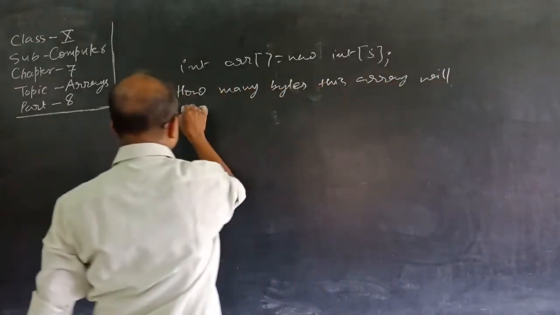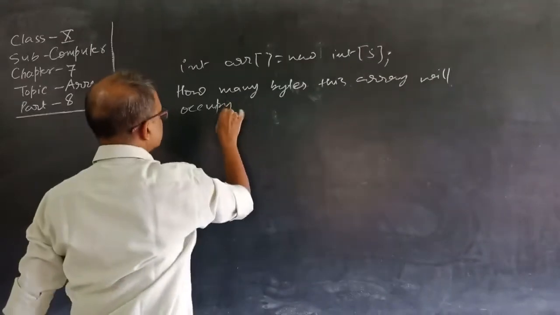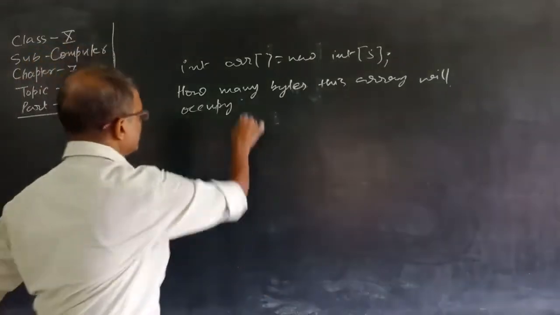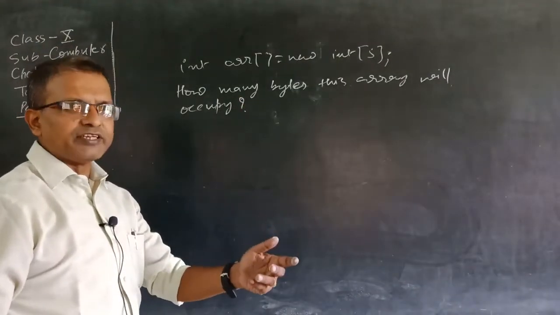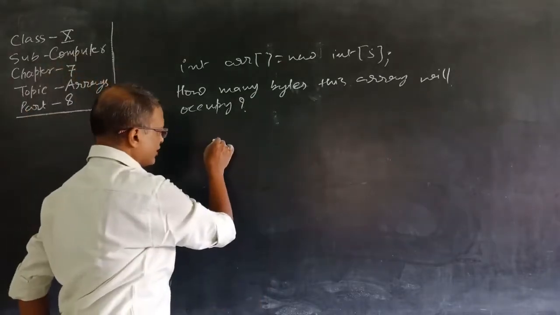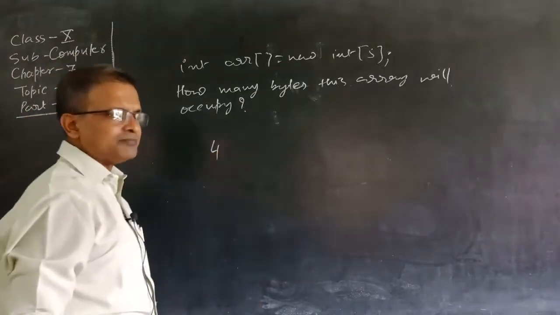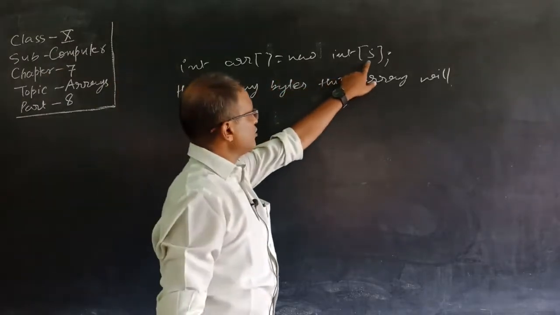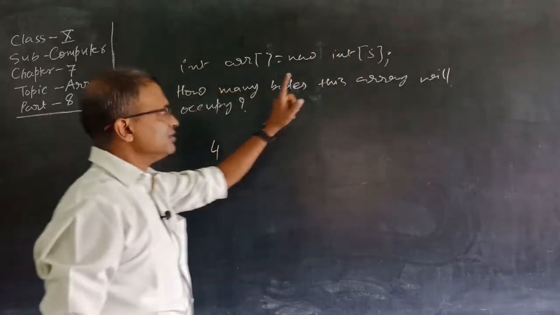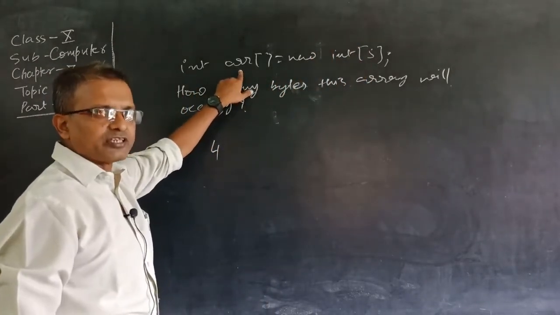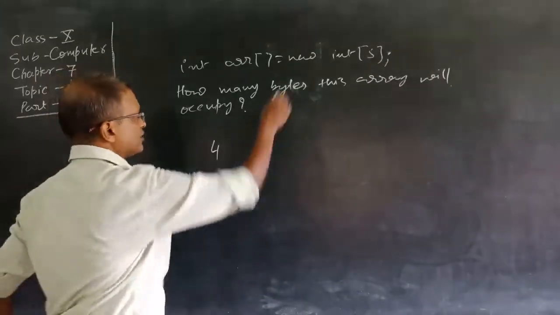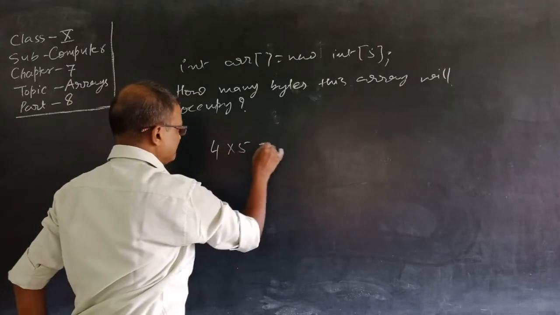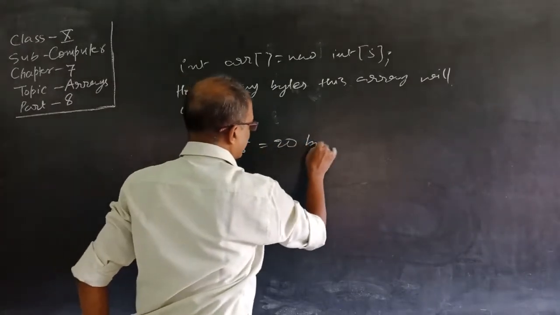Simple, you have to do the simple calculation. Just recall what is the size of integer. One integer variable contains 4 bytes, and this array is of size 5. It means this array contains 5 integer type variables, and one integer variable occupies 4 bytes. So definitely 5 integer variables will occupy 5 times 4, that is 20 bytes.